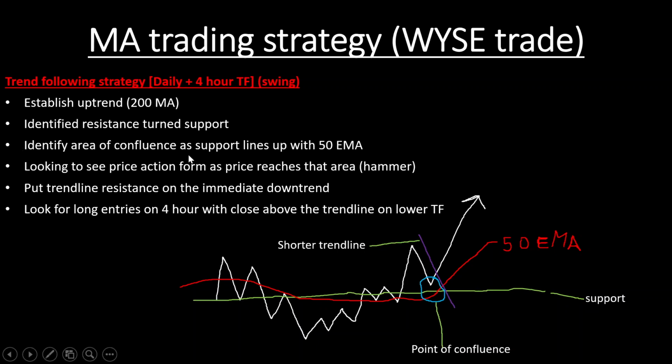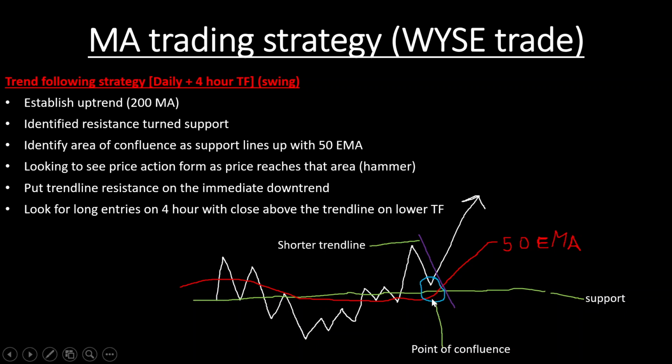Identify area of confluence as support lines up with the 50 EMA. So right here we can see that not only is price at a previous resistance turned support, we can also see that the 50 EMA is also in line right here.